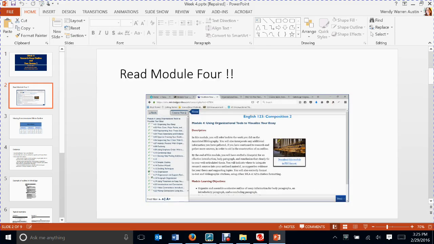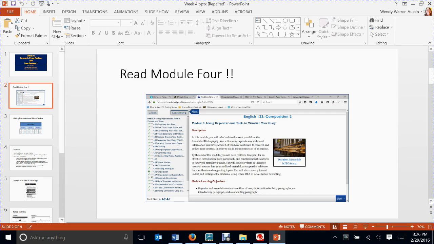I want to make sure that you read Module 4 and especially all the way through to 4.14 where it says Outline Wizard. That's really important. The latter parts are important for writing your rough draft, and so you're going to be doing that next week.